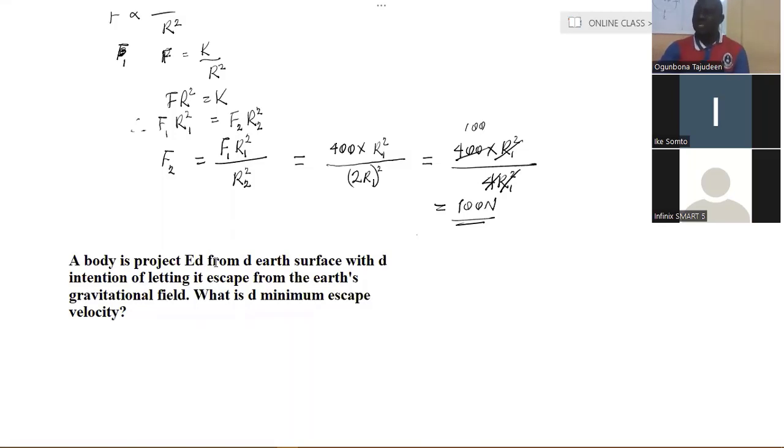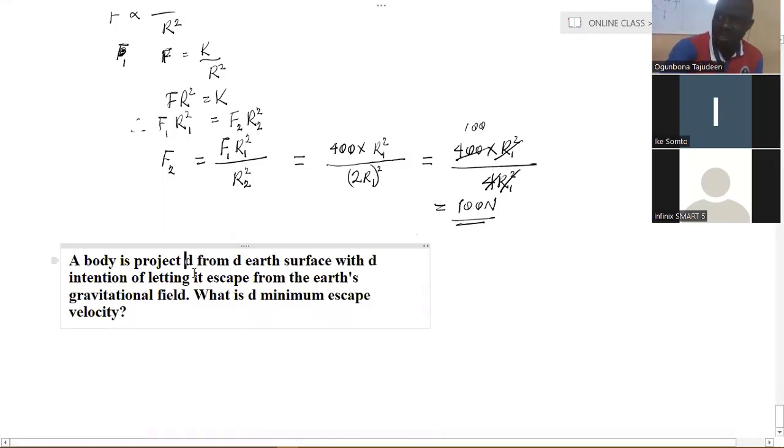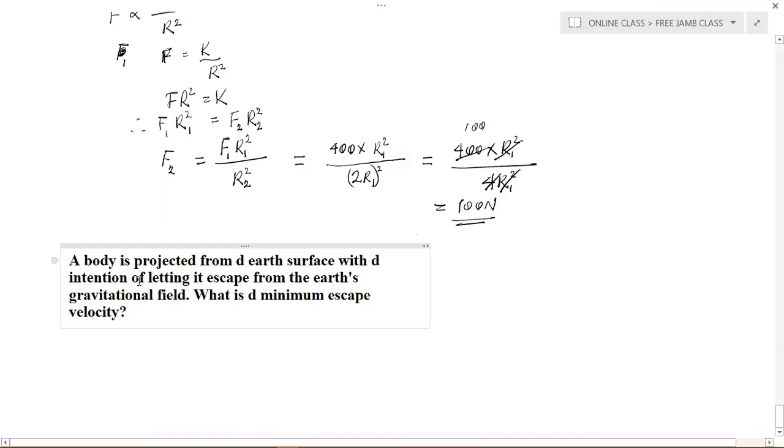Now the question says that a body is projected from the Earth's surface with the intention of letting it escape from the Earth's gravitational field. What is the minimum escape velocity?